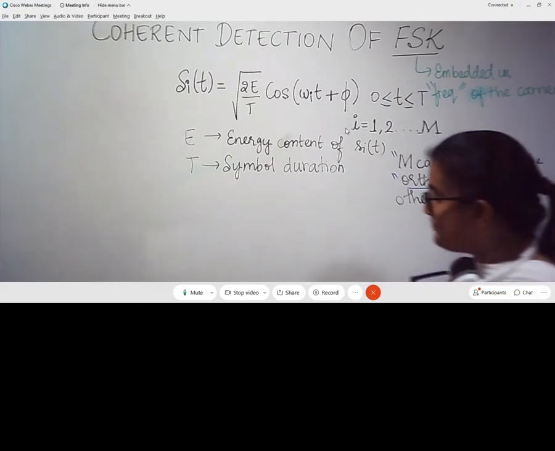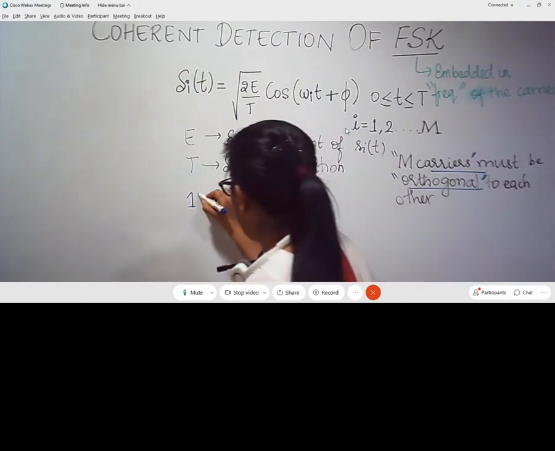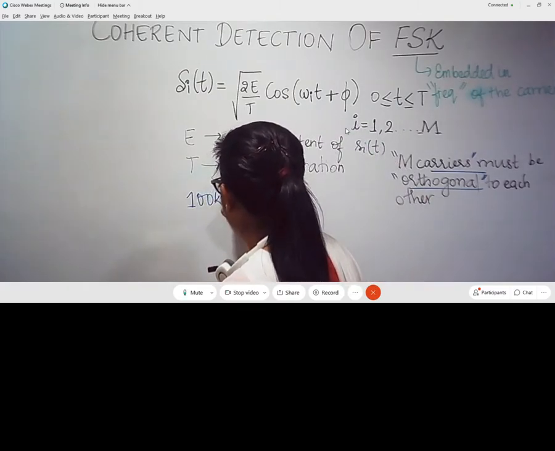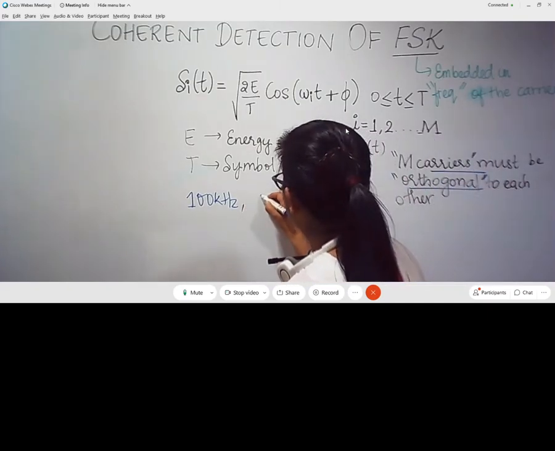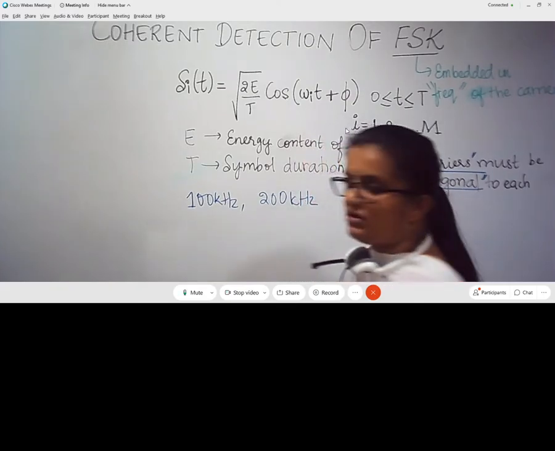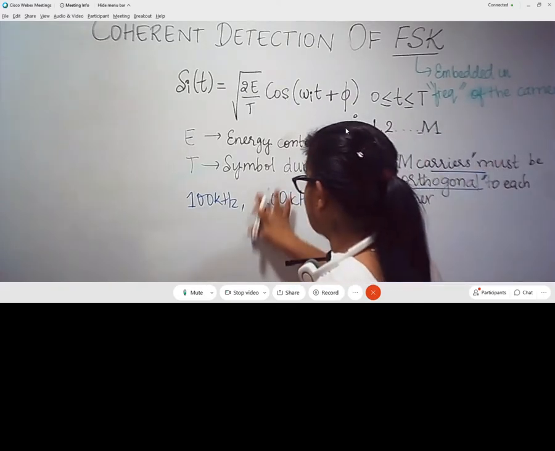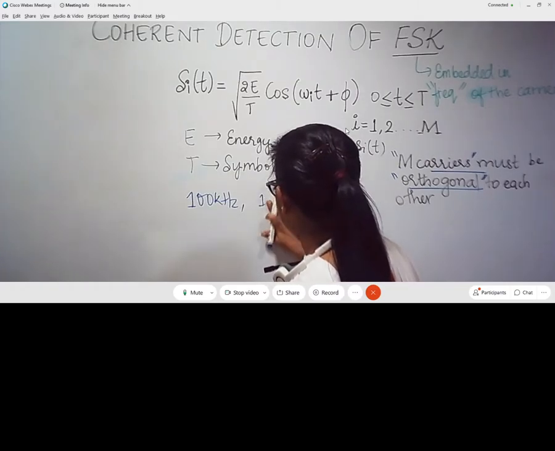Let's suppose I fix one of the carrier frequencies as 100k for representing symbol 1. Next, I will take 200k. Okay, they should be orthogonal. Let me take it like this, 100k and 110k.